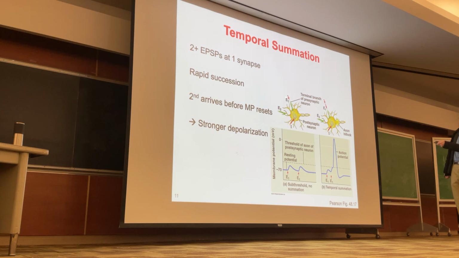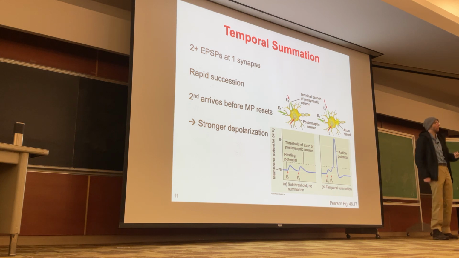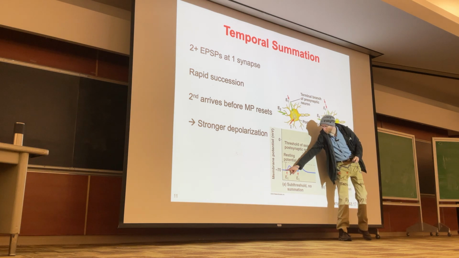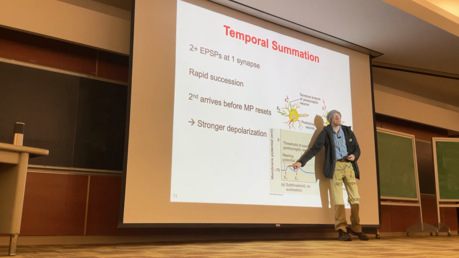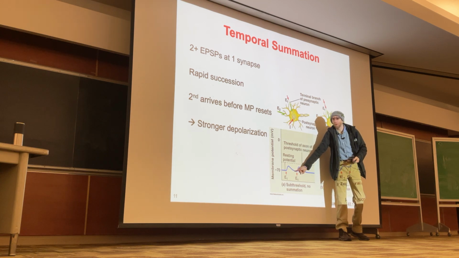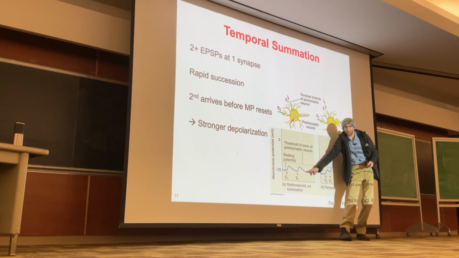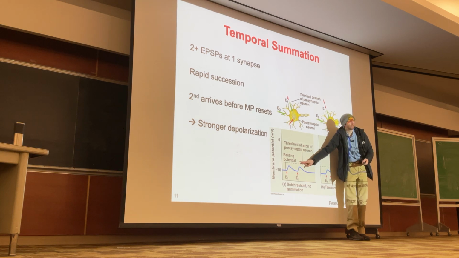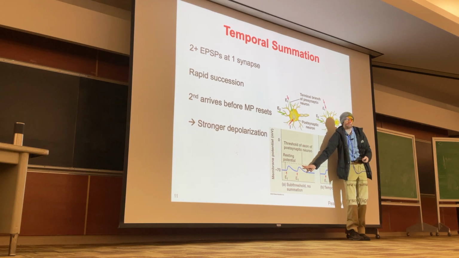So if you have a slow or low frequency of action potentials, you're never going to trigger an action potential in the postsynaptic cell. Because one action potential will arrive, it'll trigger a depolarization in that postsynaptic cell, and that depolarization dissipates. And then you hit it again, but it dissipates. And you can do that as many times as you want in a row. It's never going to hit the threshold. It's never going to trigger an action potential.